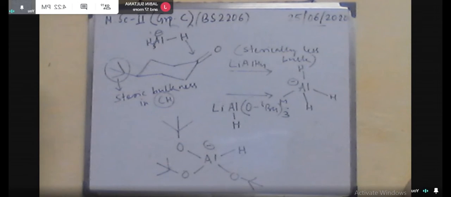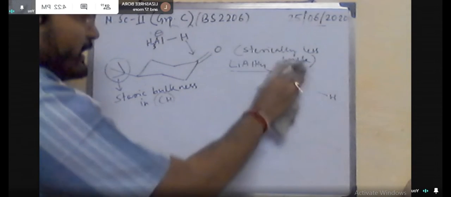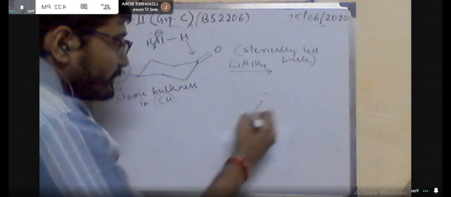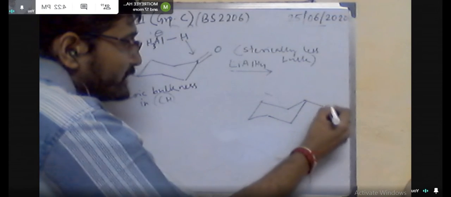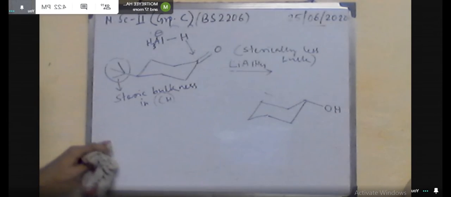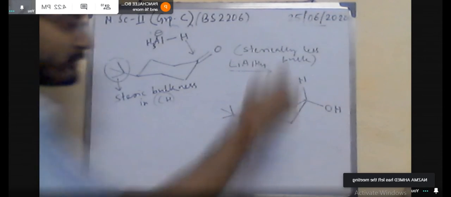Because the tertiary butyl group resides at the beta face of the cyclohexanone. So if the bulkier reducing agent attacks from the beta face, it will face huge steric repulsion.